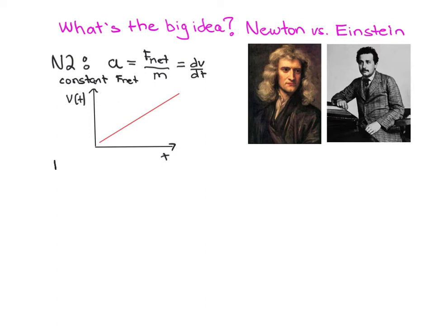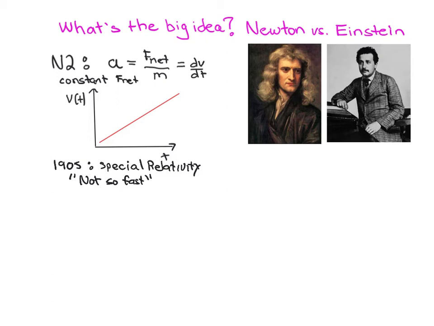And in 1905, Einstein came along with his theory of special relativity, which, if you've taken Physics 100, you've heard a lot about. Special relativity literally says, not so fast, Isaac, not so fast.